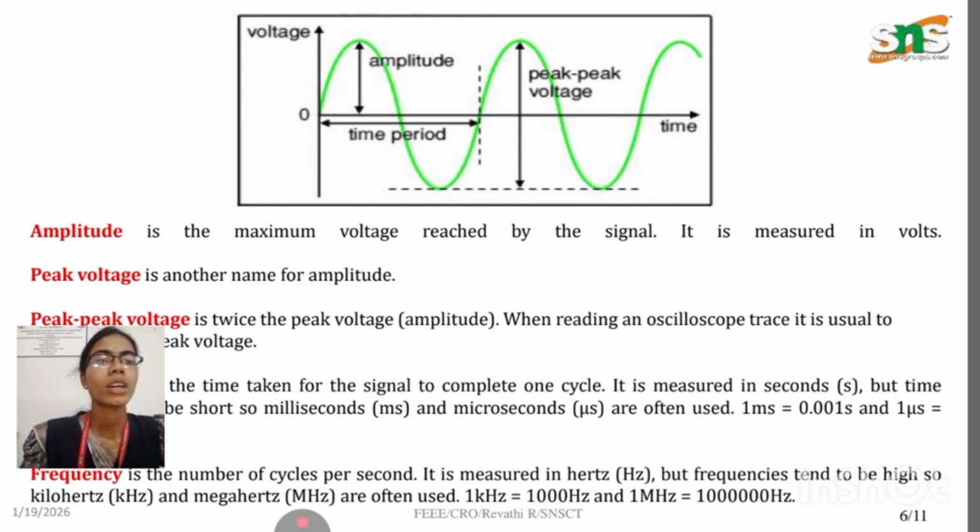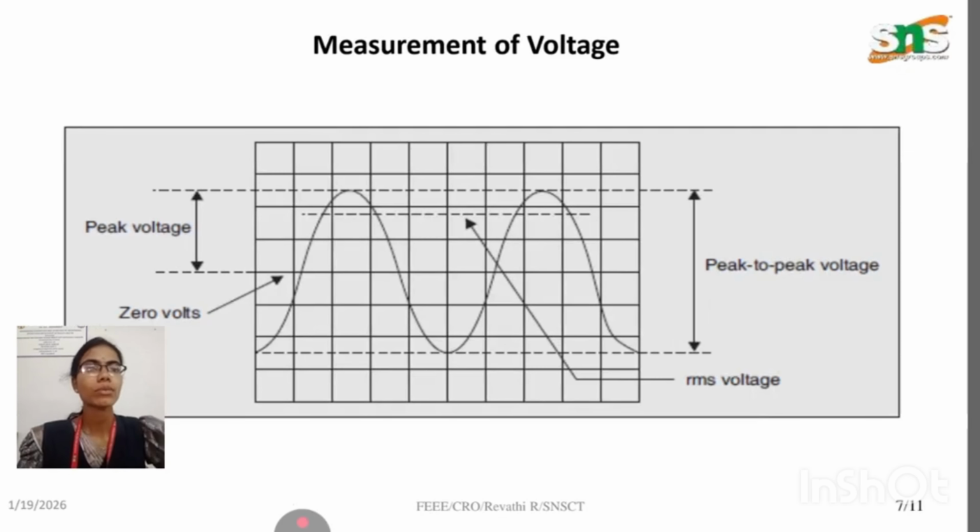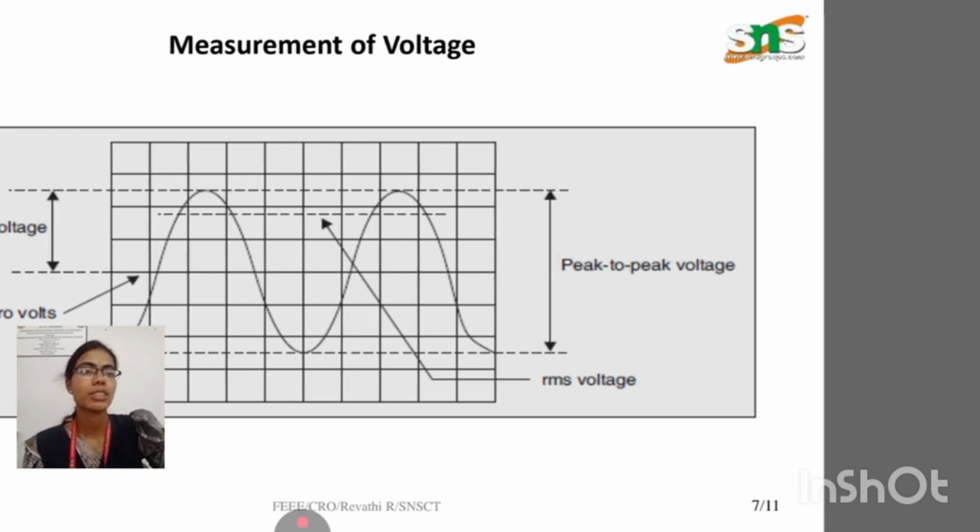The time period is the time taken for the signal to complete one cycle, and it is measured in seconds. But time divisions are so short that milliseconds and microseconds are often used, such as 1 ms or 0.01 seconds. The measurement is displayed in the CRO as in the given images, where zero voltage is represented by a straight line, and the peak voltage or peak to peak voltage is represented by dotted lines, and the waveform is generated across these two voltage ranges.